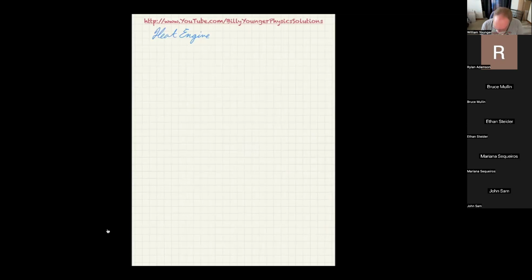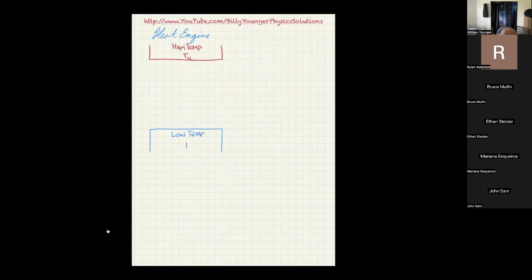There is a high temperature reservoir at temperature T_H. And then there's a low temperature reservoir at temperature T_low.